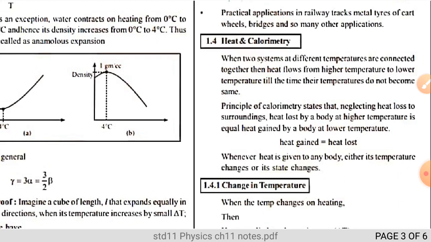So whenever heat is given to anybody, either its temperature changes or its state changes, right? If we talk about that example, the boiled water just gives heat to the surrounding. So that means the surrounding temperature rises, but the surrounding space is very vast.